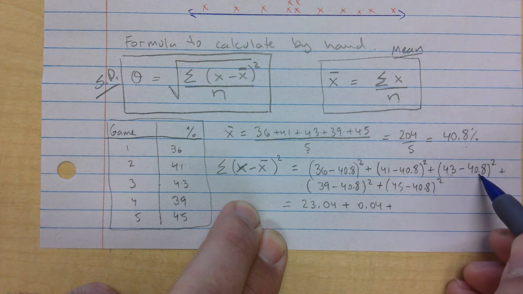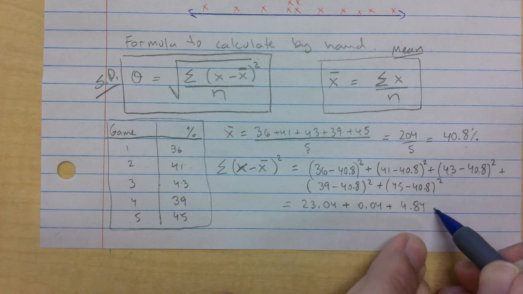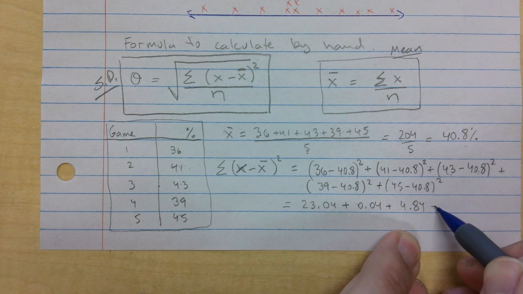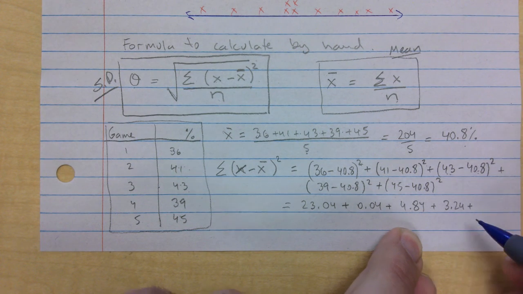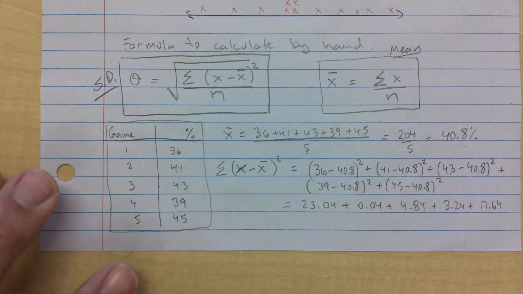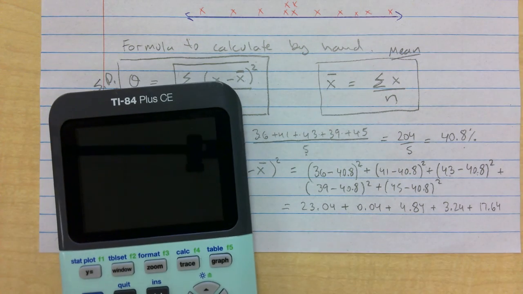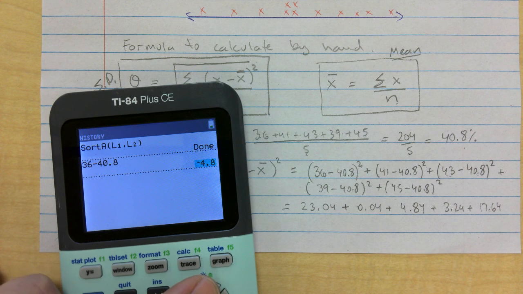I subtract these two, I get 4.84 when I square it, and then I get 3.24, and I get 17.64. So I basically, just to show you one, okay, I go 36 minus 40.8, and then I take that answer, but you got to be careful.